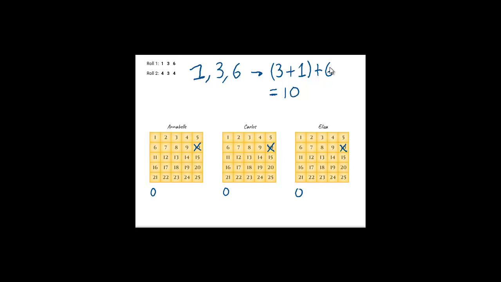Then second roll, let's say you roll a 4, a 3, and a 4. It's perfectly okay to roll equal values on the dice. You don't re-roll, that's fine. Say that you multiply 4 times 3 and add 4 to create a new expression: 4 times 3 plus 4.